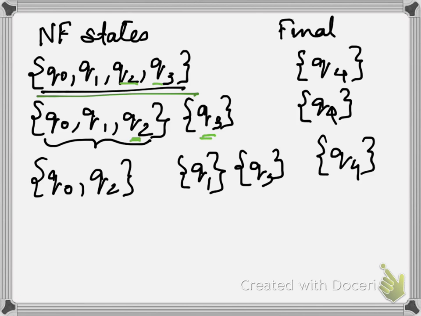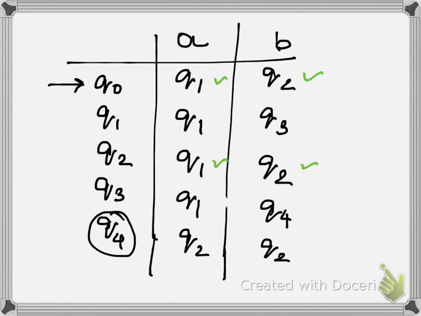Now we have checked for 0 equivalence, 1 equivalence, 2 equivalence. Do we need to check for 3 equivalence? Yes. So we'll look at Q0 and Q2. Q0 on A is Q1, Q2 on A is also Q1.